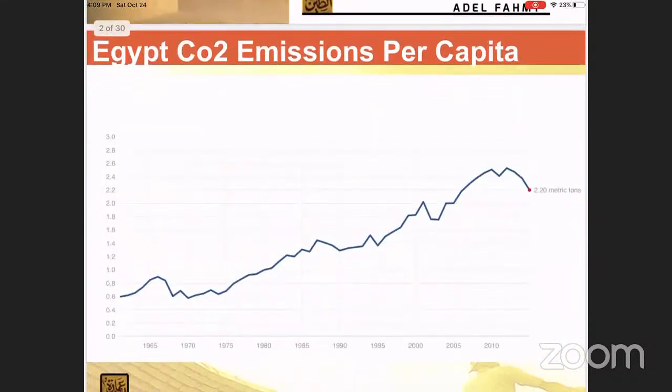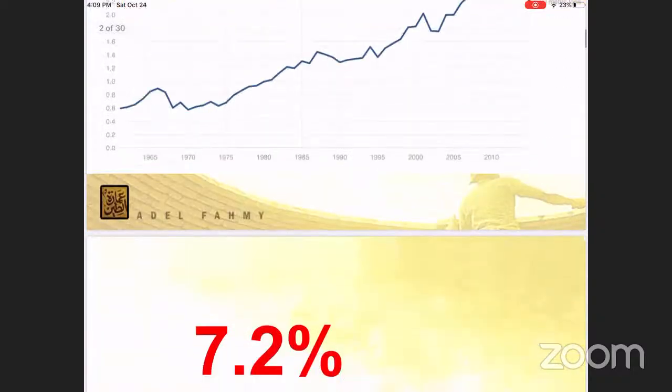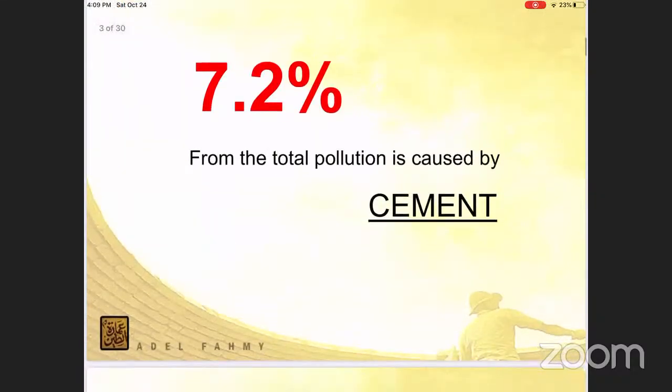Here is a diagram showing that Egypt suffers from a very high percent of emission of CO2 caused by cement production and cement architecture.